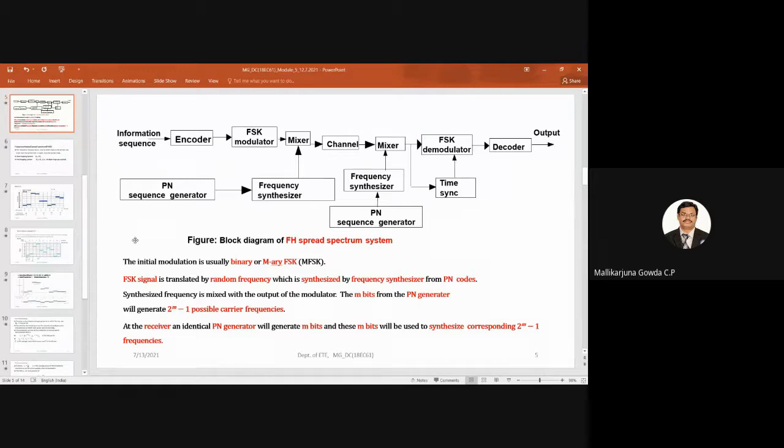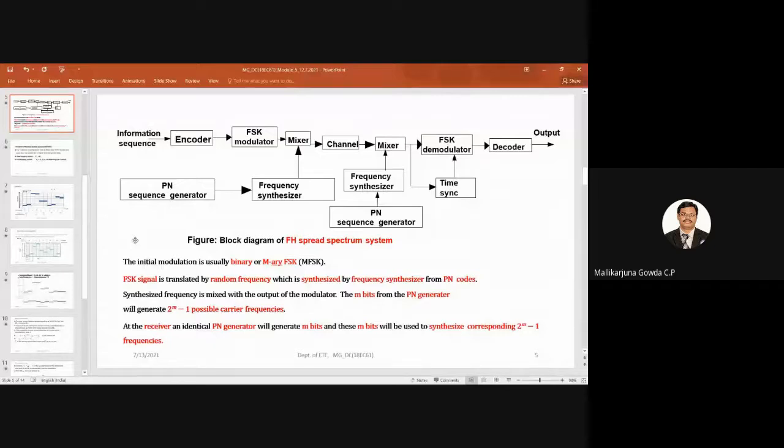Just to have a revision, what I said here: the information sequence will first be modulated by using an FSK modulator. Okay, it may be either BFSK or even MFSK. Then the output of that modulated signal is mixed with the output of the frequency synthesizer. So what is the output of the frequency synthesizer?